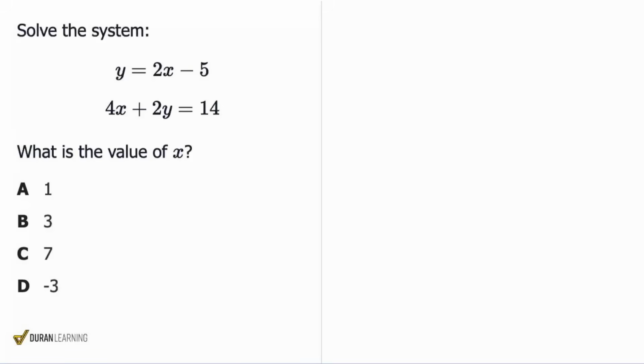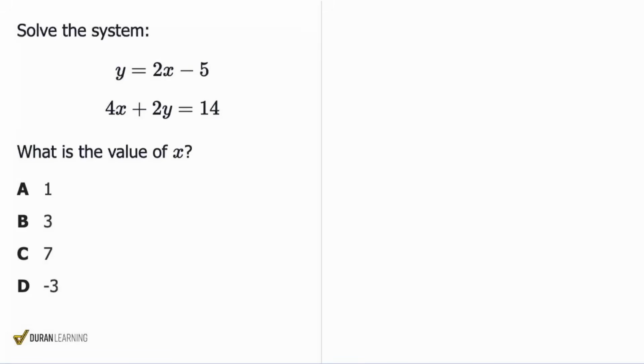So we have the system here, y equals 2x minus 5, and then we have 4x plus 2y equals 14. Now, everybody, from your notes, you tell me, when we already have one of the variables isolated, so y by itself right here, which technique is the best?